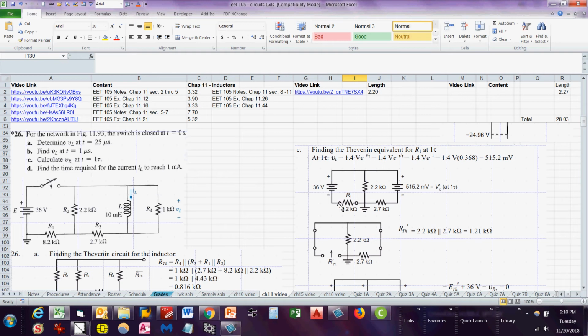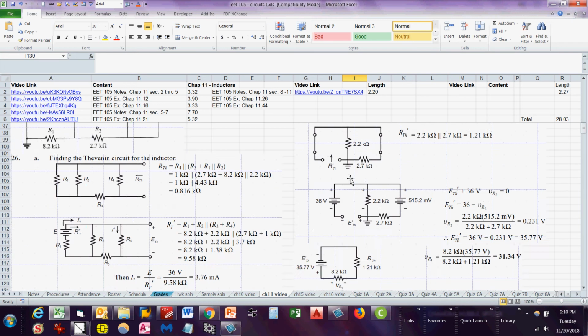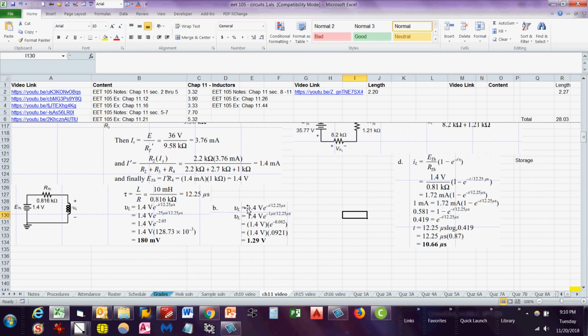So what they did was they redrew the circuit like this and find the Thevenin equivalent for R1 at 1 tau. So what they did was they put in V sub L at 1 tau. They calculated it same way we just did it down here using this formula.